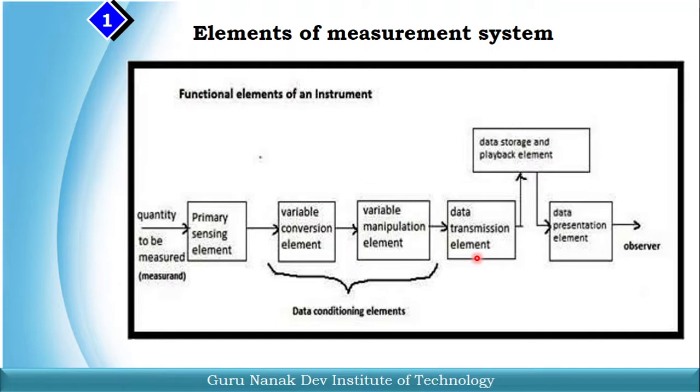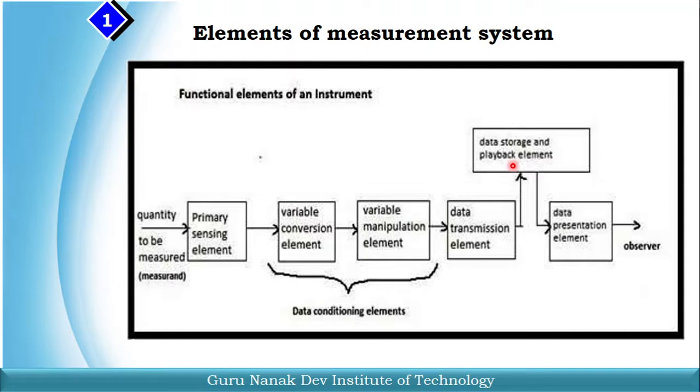This whole process is called the data transmission element. Finally the data will come and it has to be stored. For data storage, several devices are used. It may be a hard disk, magnetic disk, tape or any other thing used to store the data. And in a playback system, if you want to play back the data later on, you can play it back directly from the storage device.